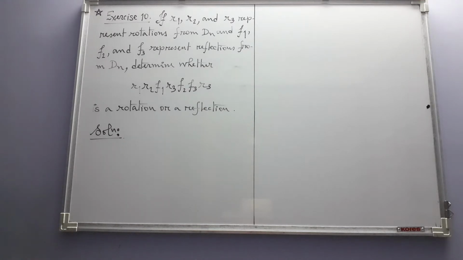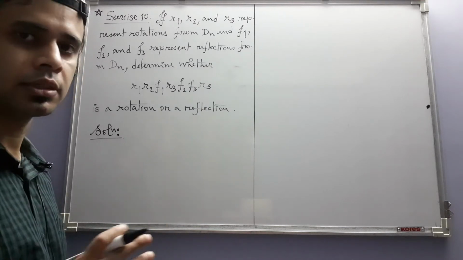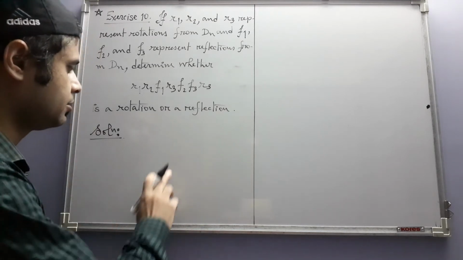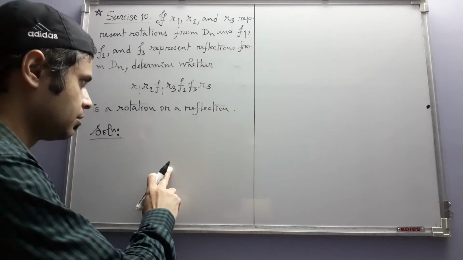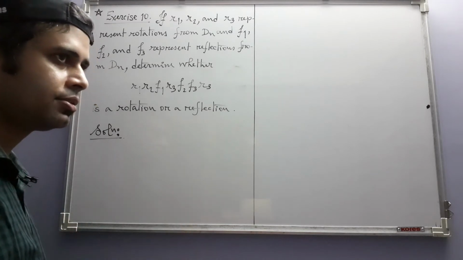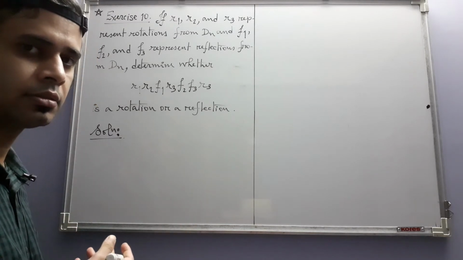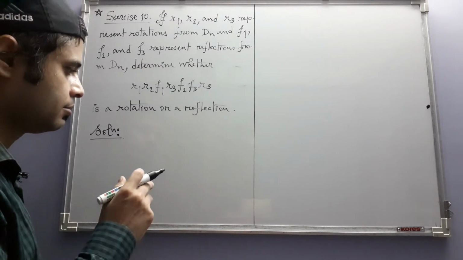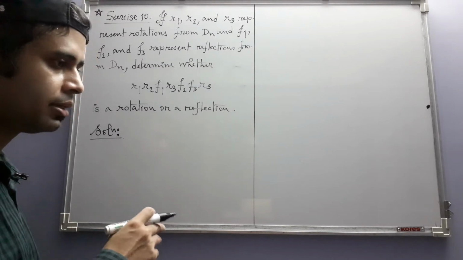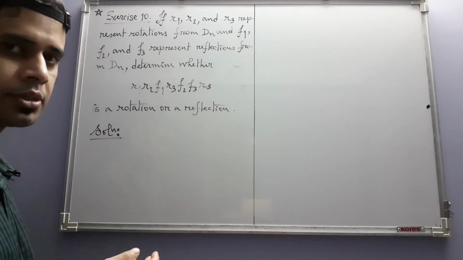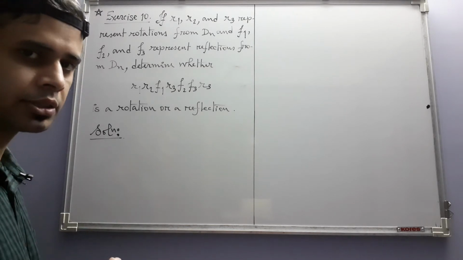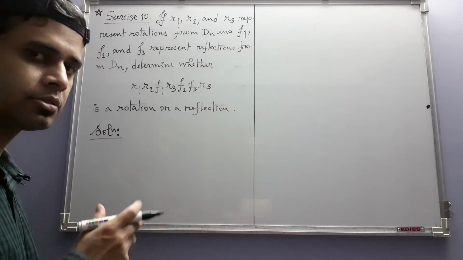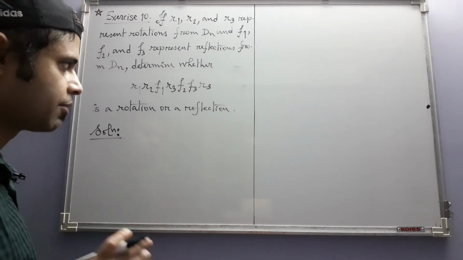So we can use the previous exercises that we saw. There we saw that the effect of applying 2 rotations is the same as a single rotation, and a rotation followed by a reflection or a reflection followed by a rotation, since it changes the orientation of the polygon, has to be a reflection.